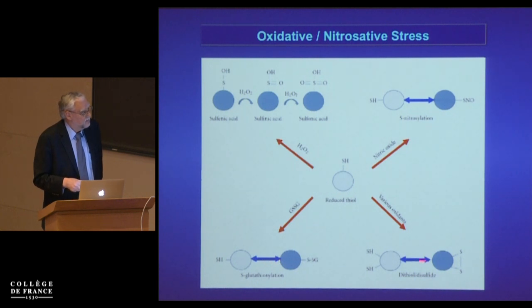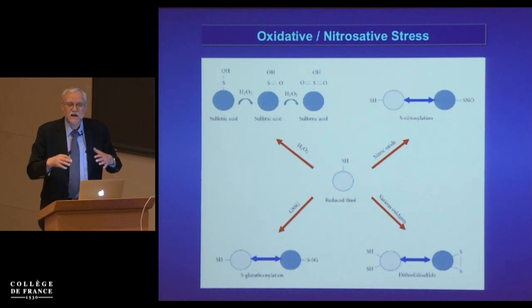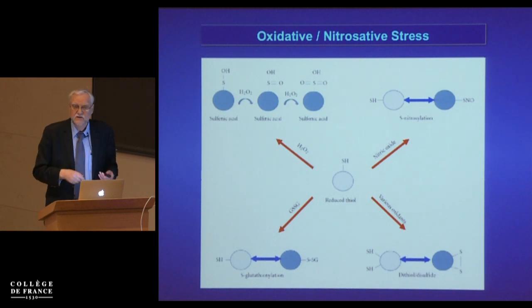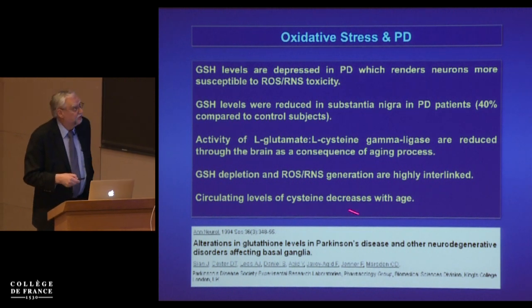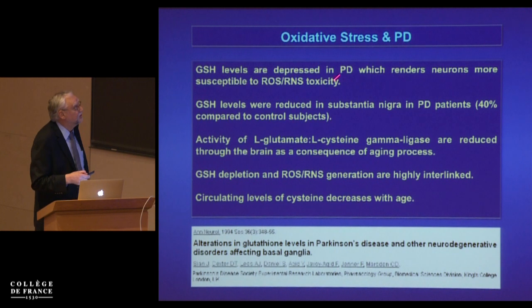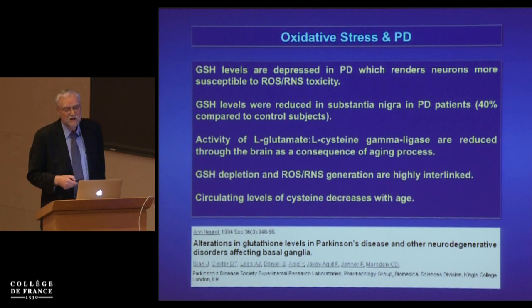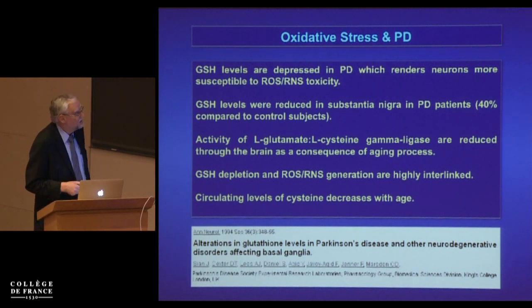And finally, you can make disulfides of proteins, and of course, thioredoxin is the major disulfide reductase. So glutathione levels are lost in Parkinson's disease, and the glutathione levels going down will affect the activity of glutaredoxin.